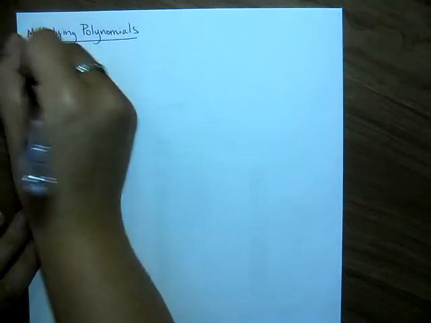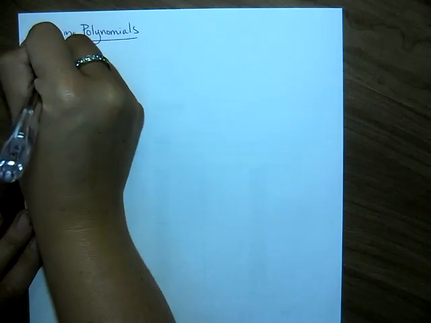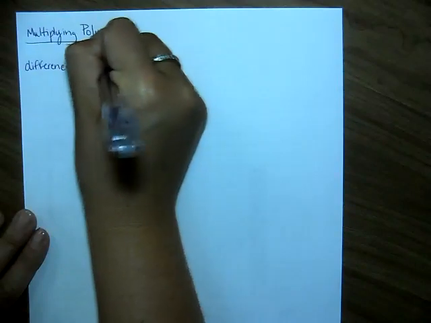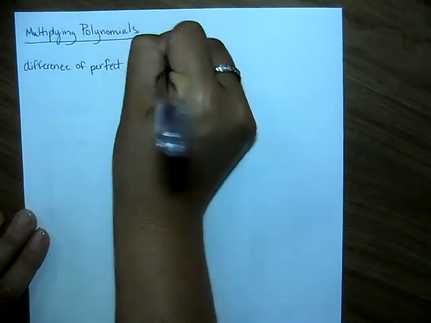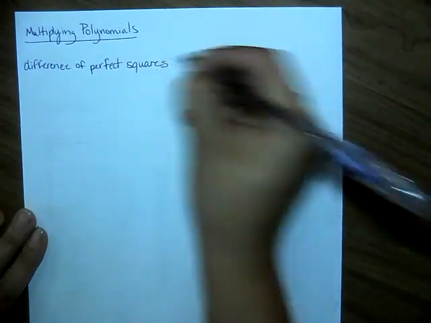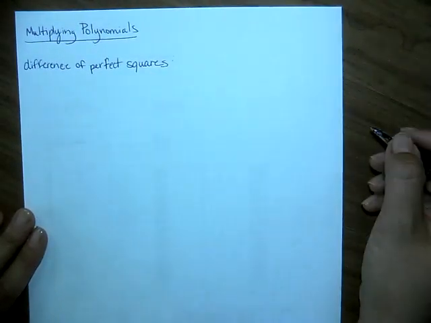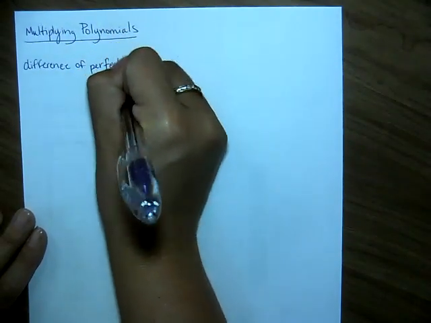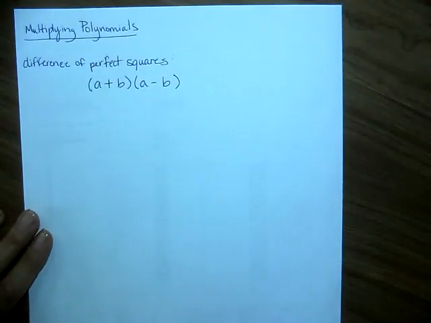All right, so let's talk about the difference of perfect squares. So this is like when you have the same first and last term, but the signs are different.